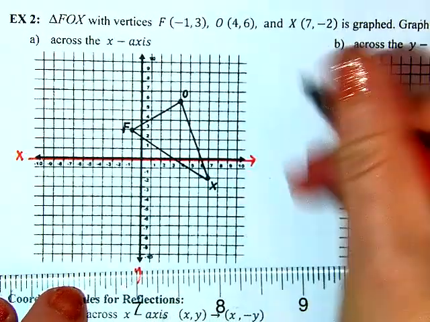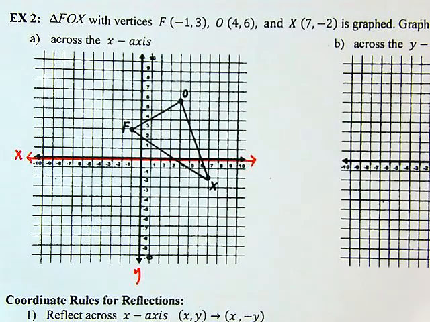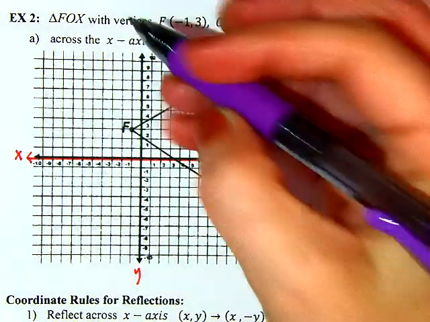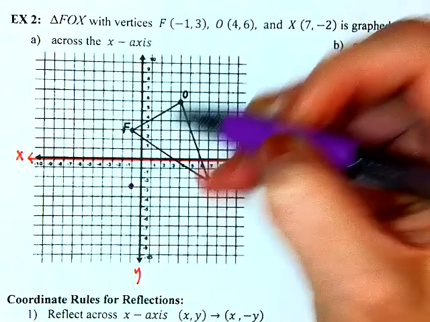Okay, the x-axis as an equation would be y equals 0, if I wrote it as an actual equation. All right, so now I want to reflect over the x-axis. So I'm doing the same thing. I'm going to count to the line and do the same thing in the opposite direction. So here I'm 3 away, so I need to be 3 away in the opposite direction.